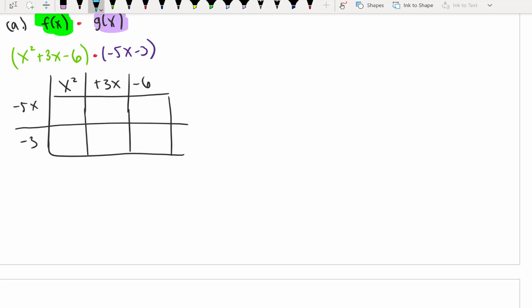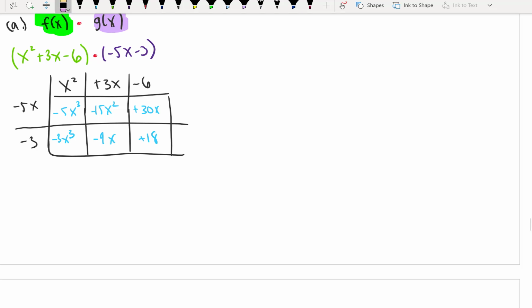When I multiply the first row together, I get a negative 5x cubed, negative 15x squared, and a positive 30x. Down below, I get a negative 3x squared, negative 9x, and negative 3 times a negative 6 is a positive 18.